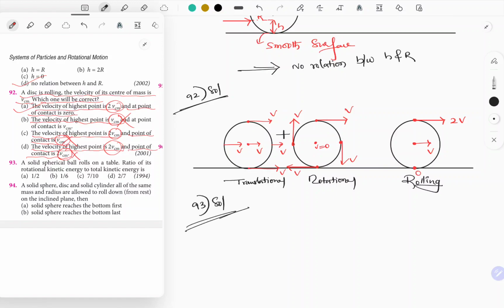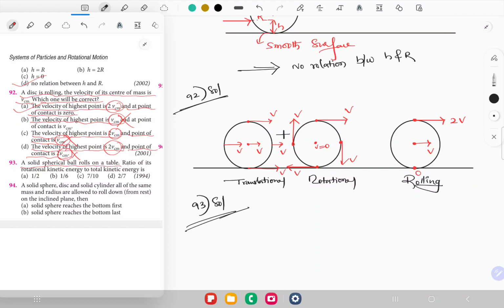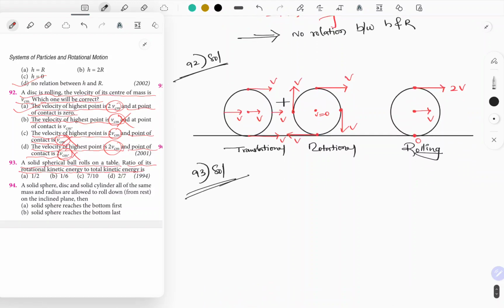Solution. A solid spherical ball rolls on a table. The ratio of its rotational kinetic energy to the total kinetic energy, translational plus rotational, is R. Rotational kinetic energy formula is 1 by 2 I omega square.